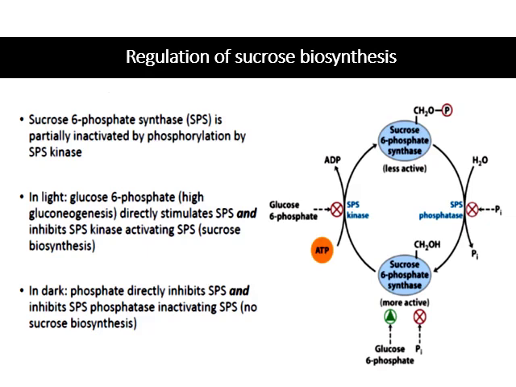So basically what you have to remember is that the regulation of sucrose biosynthesis is mostly done through the sucrose 6-phosphate synthase enzyme, and one of the mechanisms to control this enzyme is by controlling the SPS kinase, phosphorylation or dephosphorylation of the enzyme.